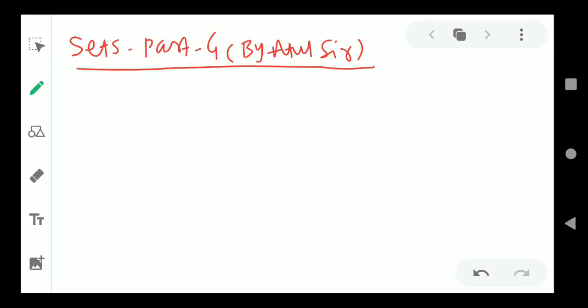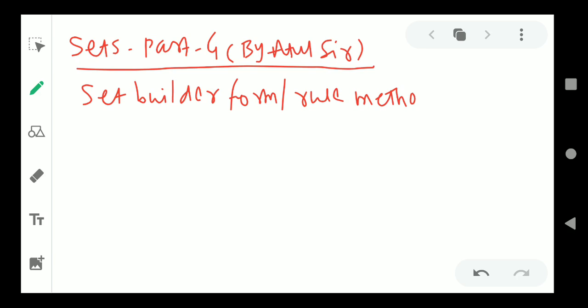Now, in this part, we will discuss set builder form, which is also known as rule method. In the previous video, we discussed writing methods of a set.